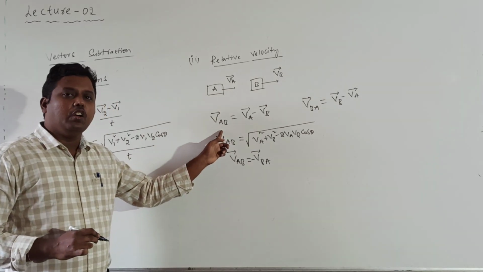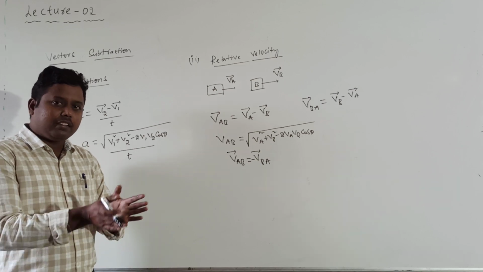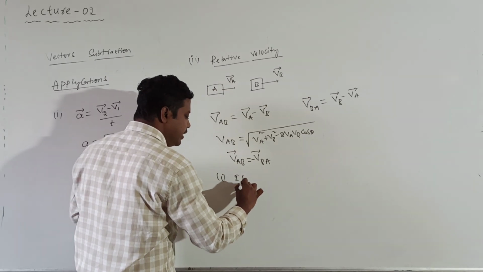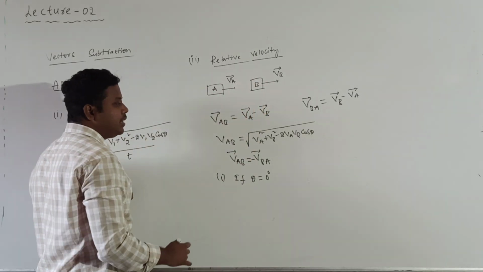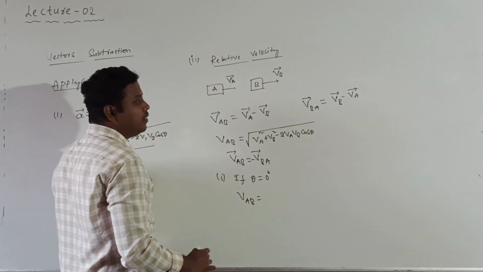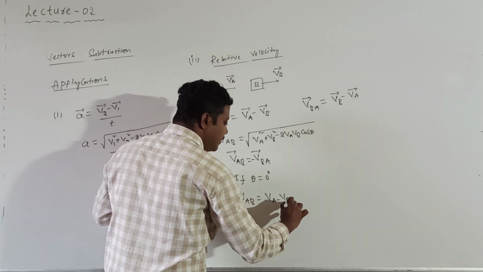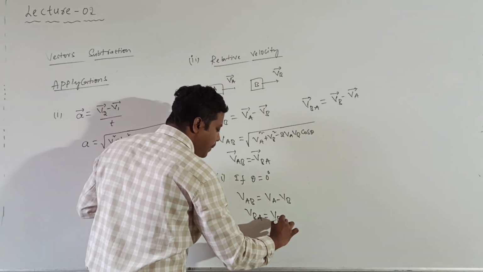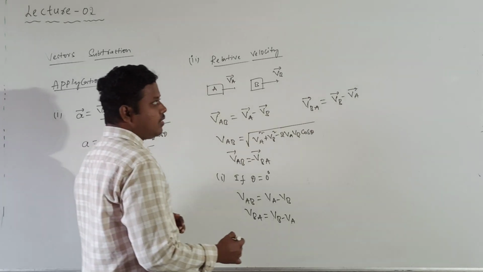VAB bar is the velocity of A with respect to B, whereas VBA bar is the velocity of B with respect to A. If theta is equal to 0, VA bar and VB bar are in the same direction, so VAB will be VA minus VB, and VBA will be VB minus VA. Both are equal in magnitude but opposite in direction.